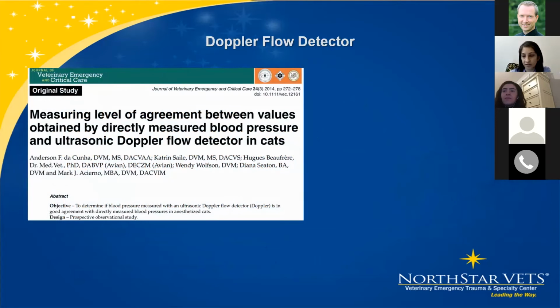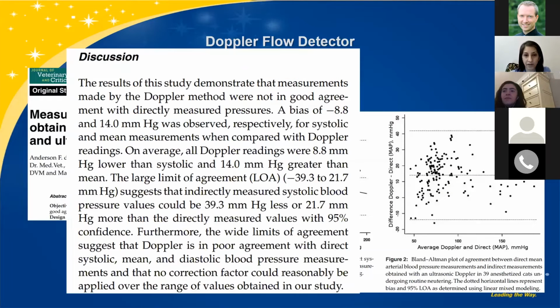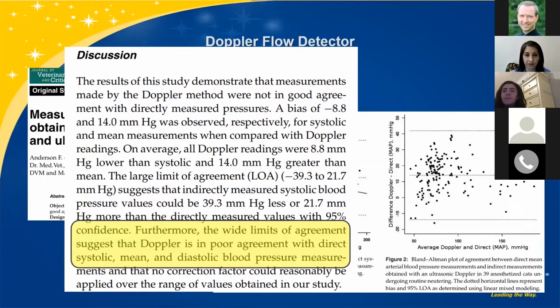So one of these studies was performed in anesthetized cats, and they compared that Doppler measurement with both the systolic and mean arterial pressures. And what they found was that basically the Doppler readings were about 9 millimeters of mercury below the actual systolic pressure that was obtained from the arterial line, and they were about 14 millimeters above the actual mean. And so, unfortunately, in this study, they found that there was so much variability among those cats that they anesthetized that they couldn't apply any sort of a correction factor.